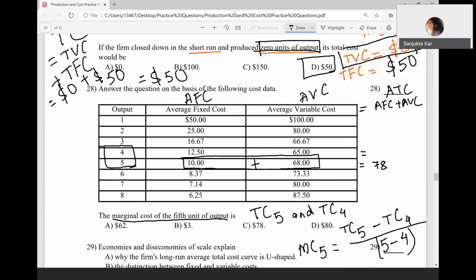All right, now I want to find out the average total cost for the fourth unit of output, which is 12.5 plus 65, 75. So this one is equal to 77.5. These are the average total costs. Now I'm going to use the formula for total cost here.